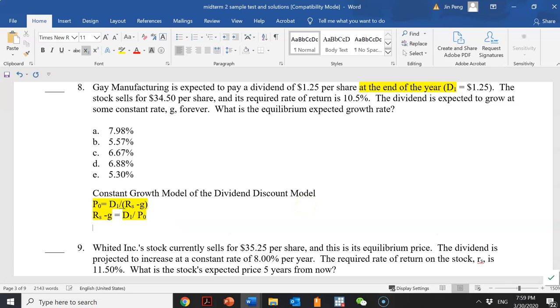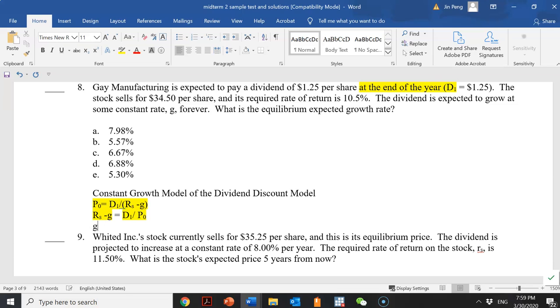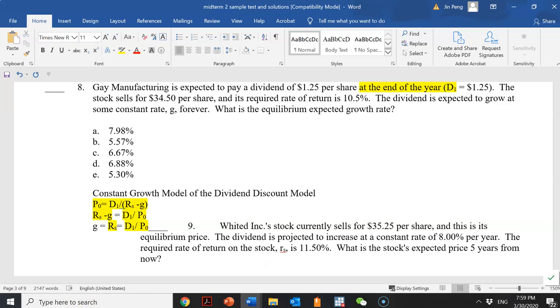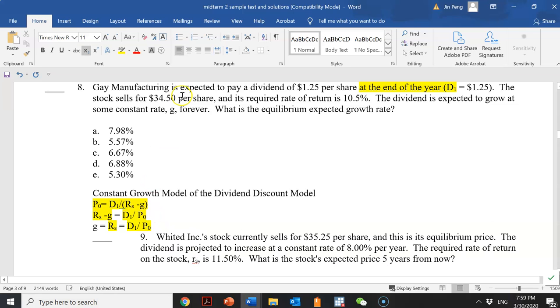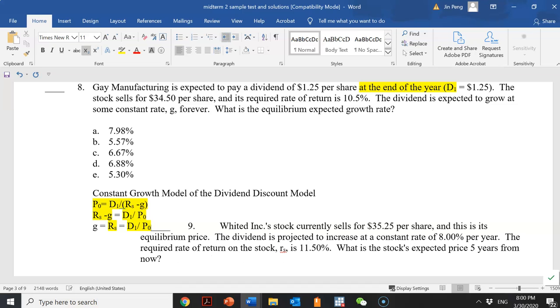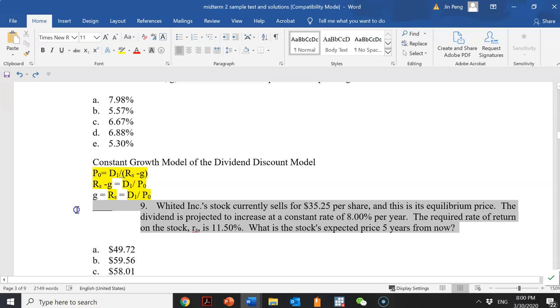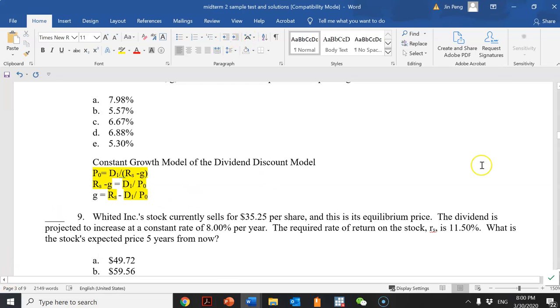Then G equals RS minus D1 over P0. So we have our formula here.